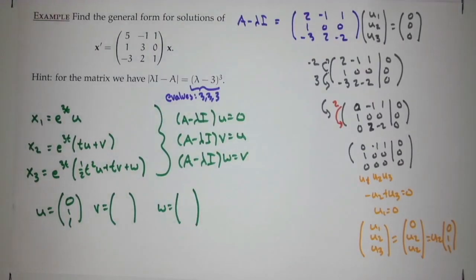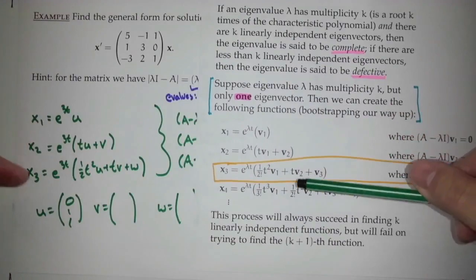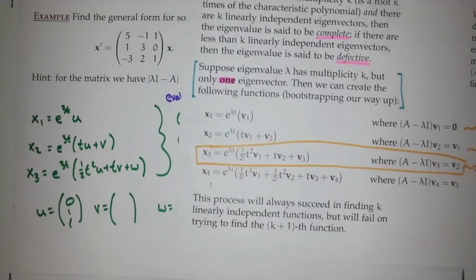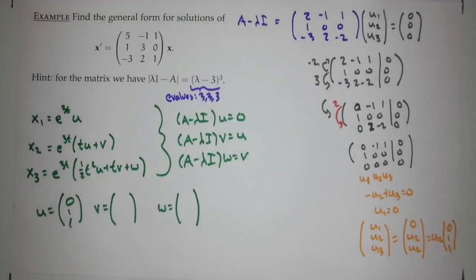All right. Well, yes? I'm copying x1, x2, x3. I'm just using u, v, and w instead of this v1, v2, v3. And where we have the relationships. All right.